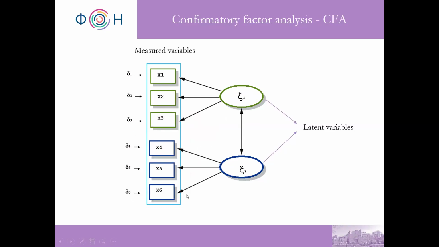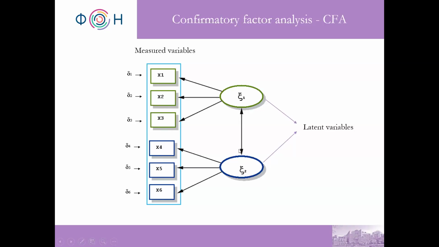So for example, here, we want to group x1, x2, and x3 in latent variable 1. This is a particular scale that we know is a scale. And on the other hand, we know that x4, 5, and 6 are another scale measuring another phenomenon, and we want them to be grouped in latent variable 2.